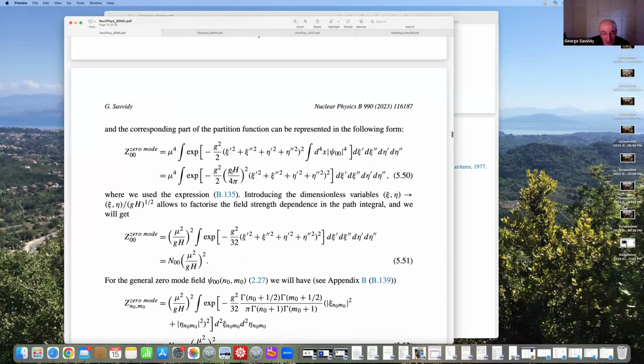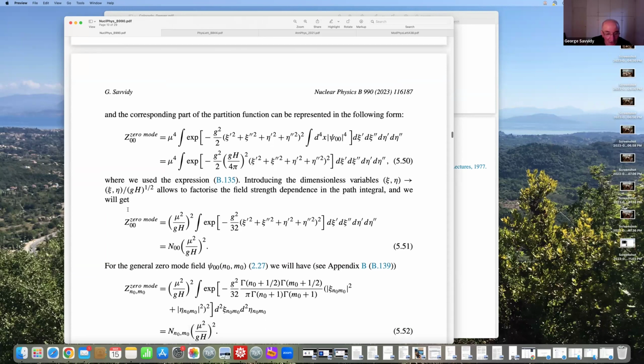Look, this integral is psi to the 4, powers of 4, and this integration is outside of the exponent, right? Now make a change of the variable. If you do it, g to the h to the 1/2, because it's a 4th power here, this term will be 1 over h squared.